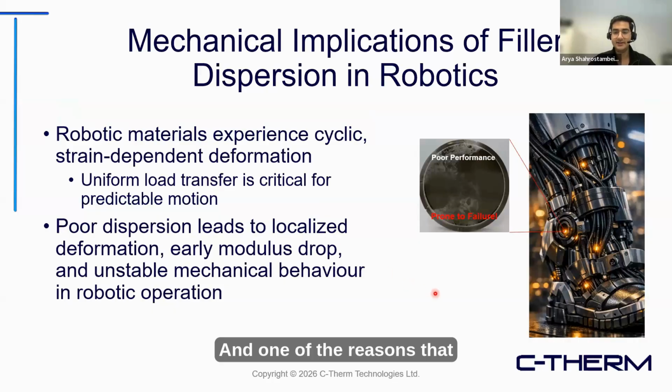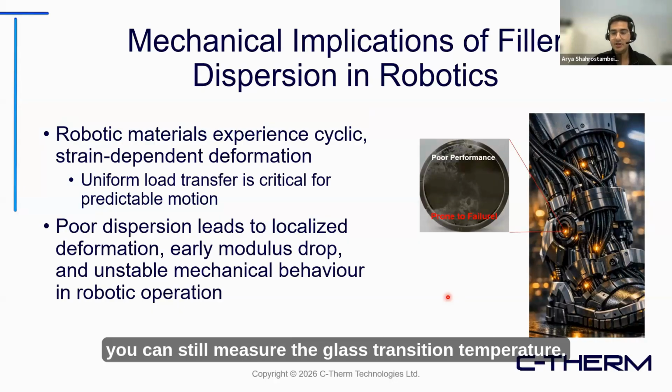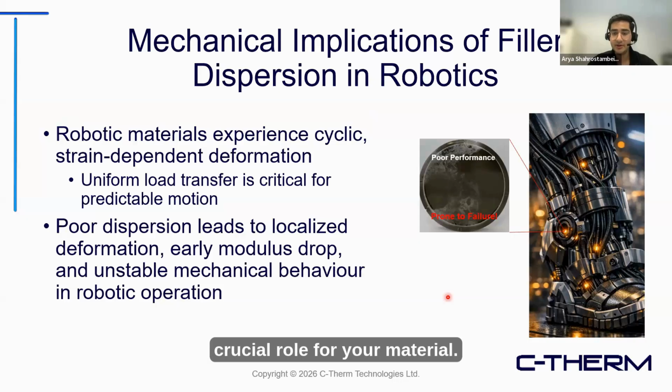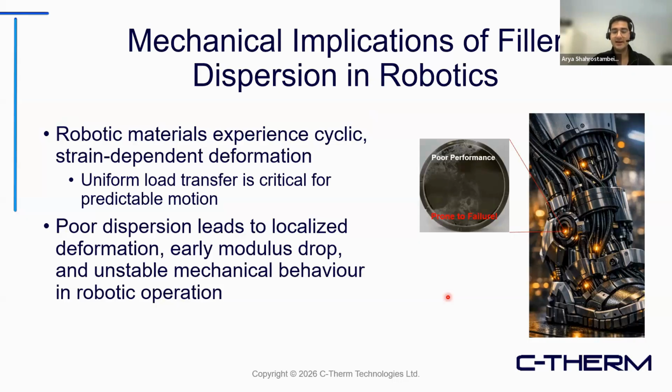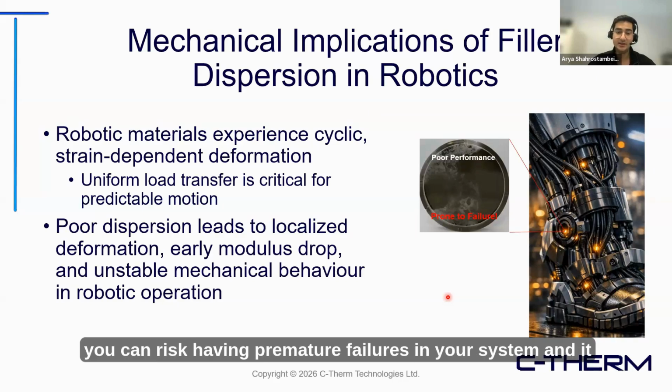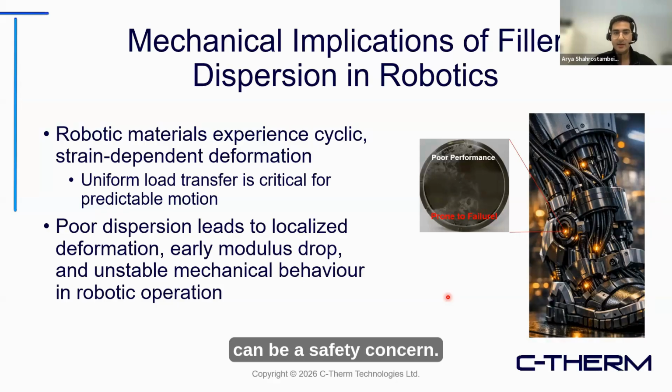And one of the reasons that DMA shines is that even with high filler content of material for composite, you can still measure the glass transition temperature. And as you could see in the previous slides, the frequency is important here, and having a frequency-aware measurement can play a crucial role for your material, since if the glass transition temperature is underestimated or overestimated, you can risk having premature failures in your system, and it can be a safety concern.